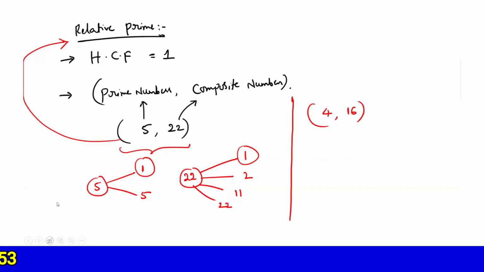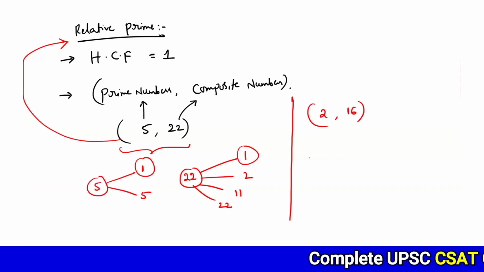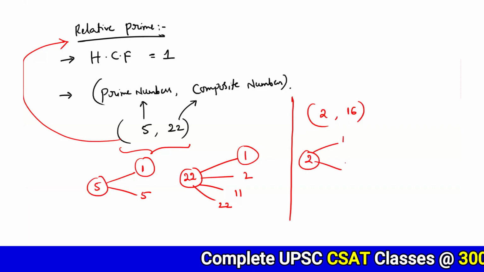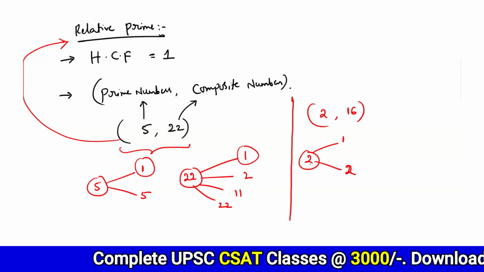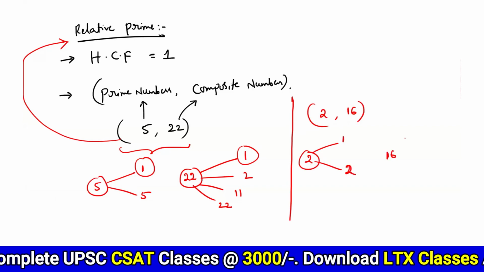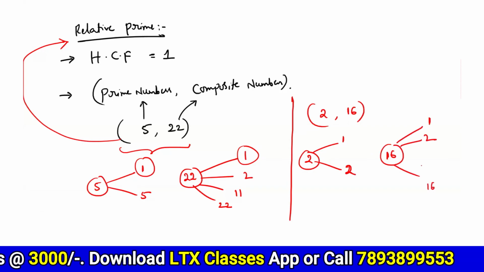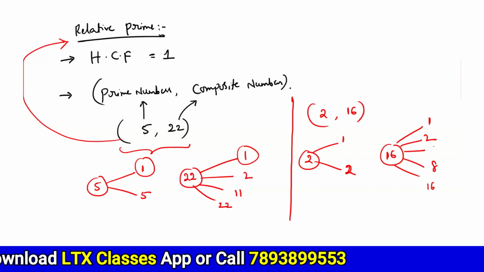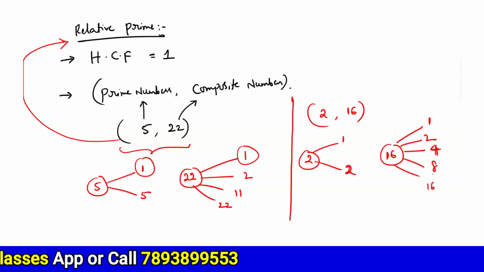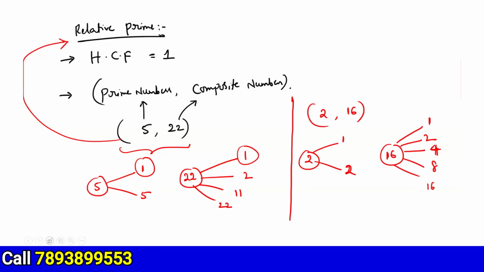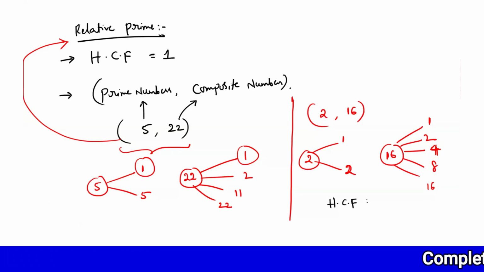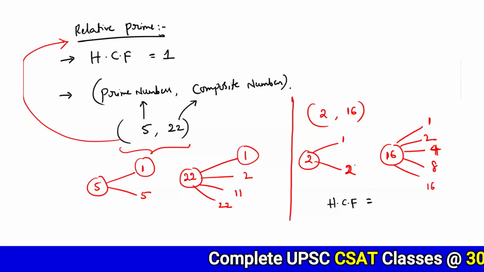Okay. Or else we will take 2 and 16. Regarding 2, the factors are 1 and 2. We know that 2 is a prime number. But regarding 16, the factors are 1, 16, 2, 8, and 4. Now what is the highest common factor of 2 and 16? It is 2.